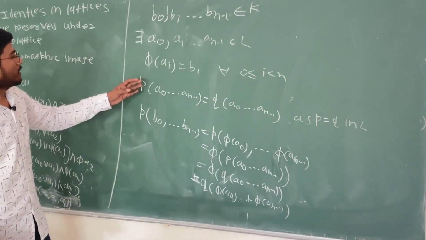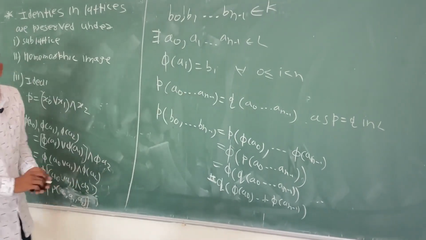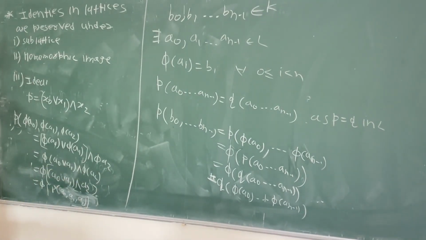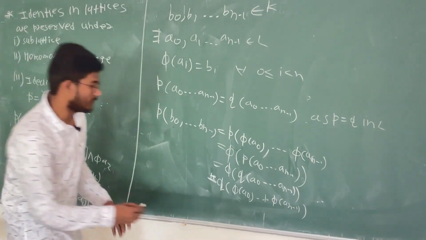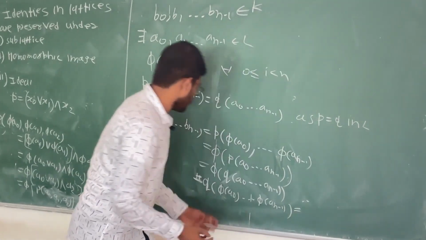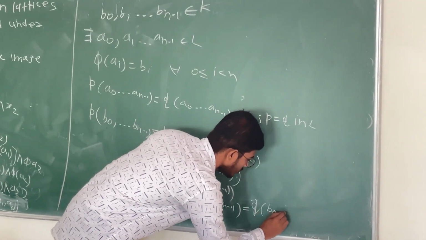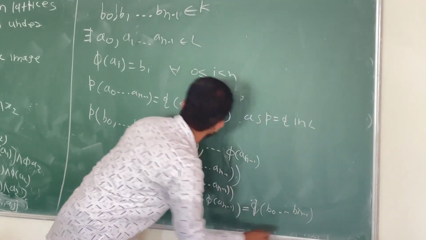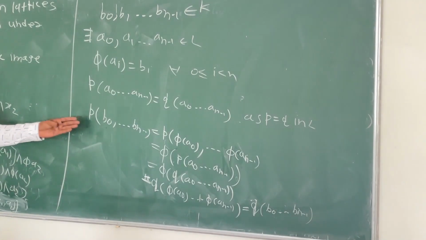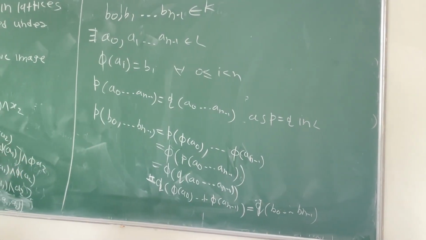And what is phi of A0? It will be B_i, with the respective changes. Which is the same as what? Q of B0 up to B n minus 1. So what we have proved is that P is equal to Q also holds in the homomorphic image, under homomorphic image.